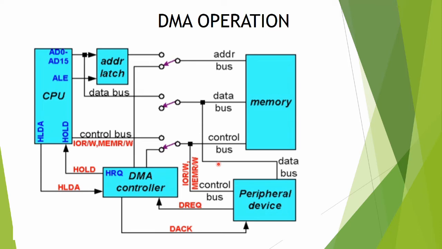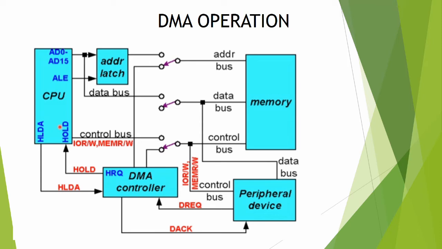In this slave mode, the peripheral device will send a DMA request, DREQ, to the DMA controller. The DMA controller in turn will send what we call a hold request to the microprocessor.